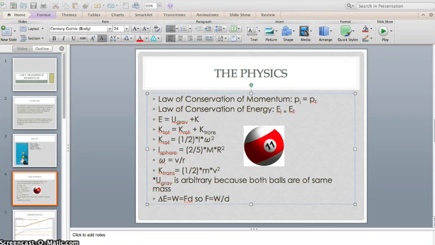And our angular velocity can be found by dividing the velocity by the radius. Then K translational can be found by multiplying 1/2 by the mass by the linear velocity squared.